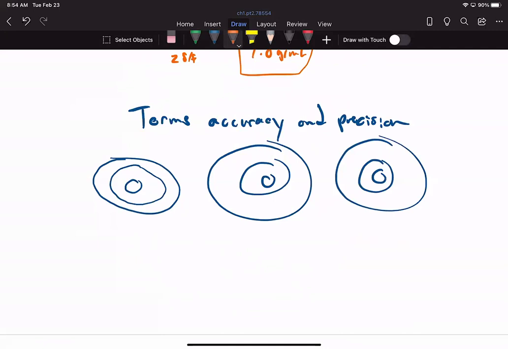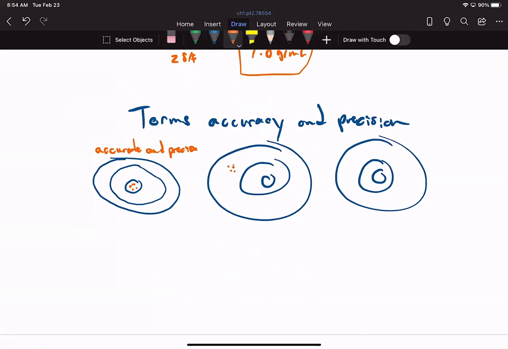If we were to take a shot at these bullseyes, and we hit it 5 times dead center, this is what we would consider accurate and precise. If we take the same shot at another bullseye, but let's say we're out here, all my shots are still lumped together.